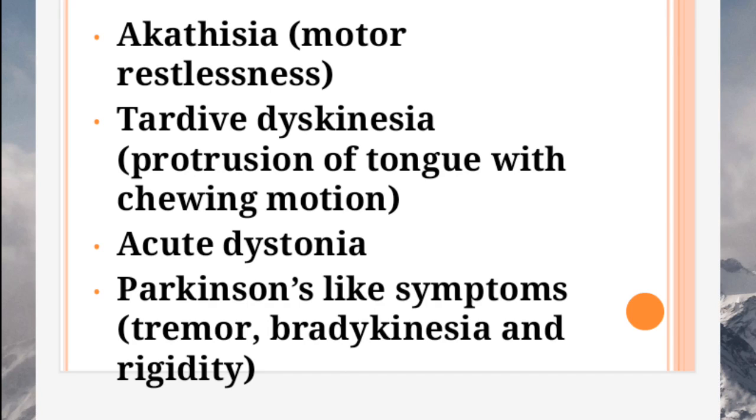And extrapyramidal symptoms include akathisia, that is motor restlessness, tardive dyskinesia, that is protrusion of tongue with chewing motion, acute dystonia, and Parkinson's-like symptoms, that is tremor, bradykinesia, rigidity, etc.